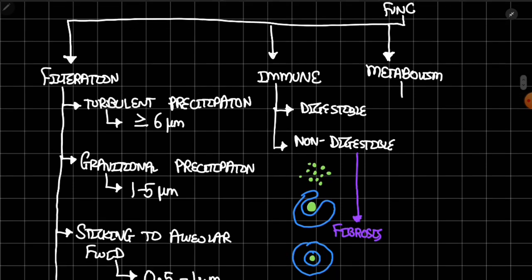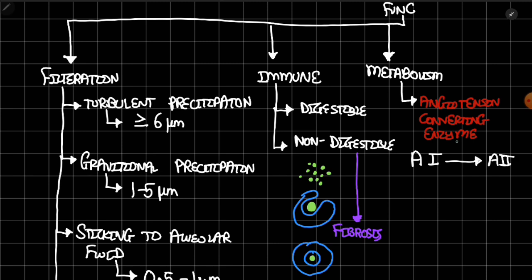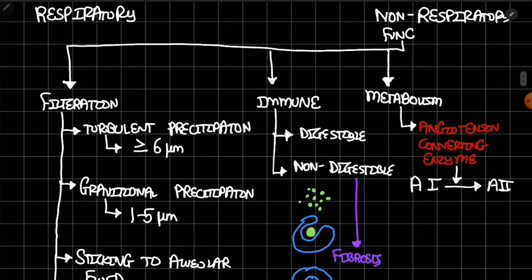So metabolism of one of the important enzymes, angiotensin converting enzyme. So angiotensin converting enzyme, what does it do? It converts angiotensin 1 to angiotensin 2, as we have studied in the renal system, the RAS mechanism.